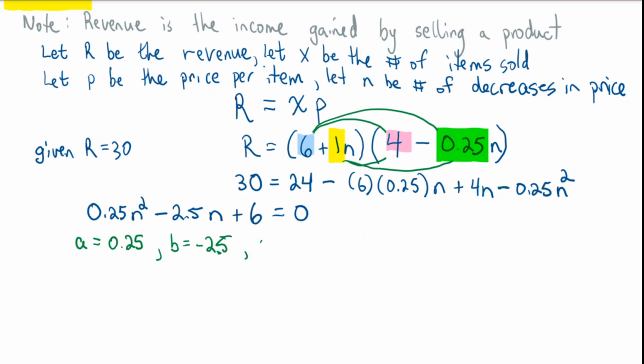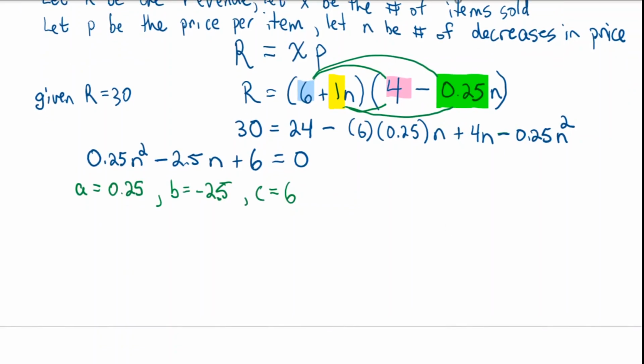And finally, the number by itself is the c value, which is 6 here. Using the quadratic formula, I'm going to get what n is. So recall your quadratic formula as negative b plus or minus the square root of b squared minus 4ac over 2a.